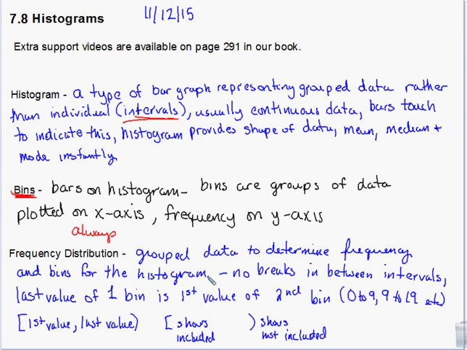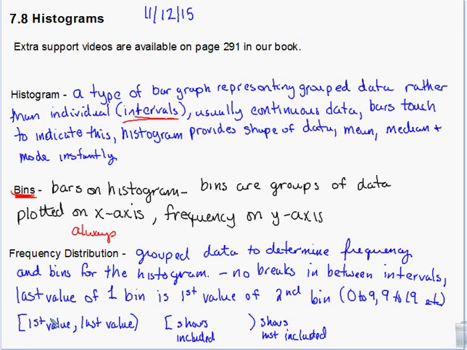The bins have no breaks in between the intervals, so when we actually talk about a bin, the last value of the first bin is the first value of the next. So if we go 0 to 9, the next bin starts at 9 to 19. The way this works out is that our first value has a bracket on it, and our last value has a parenthesis.